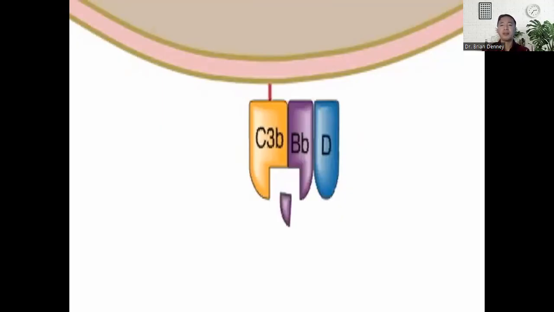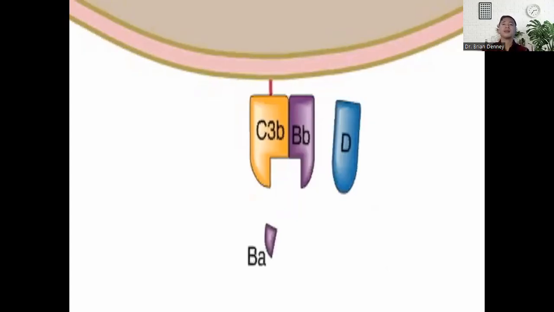Which of these fragments now participates in the cascade? Very good, class. Bb, being the larger fragment, which has a molecular weight of 60,000 daltons. So you form now a complex called C3bBb.